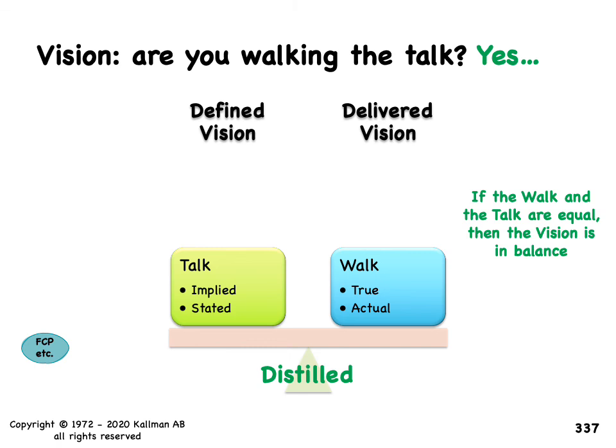So it really breaks down to a very simple question. As we shared with the value statement poster, where every time an executive violated one of the values, the employee put a check mark next to the value that was violated, for vision it's equally important for the leadership, from the board to the C-level to the executives to the teams, to not just talk the talk, but actually walk the talk.